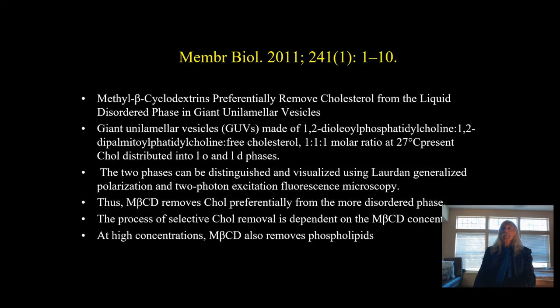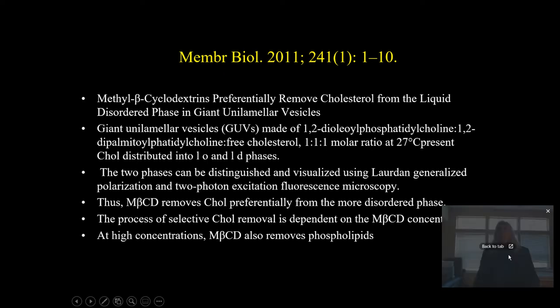Yeah. Now, I will tell you a little bit about these cyclodextrins. So that MBCD that we were just talking about is a methyl-beta-cyclodextrin. It's a carbohydrate. And preferentially what it does, the reason they used it, and the reason why it worked to get rid of that HNRNPK, is because it preferentially removes cholesterol from the liquid disordered phase in giant unilamellar vesicles.